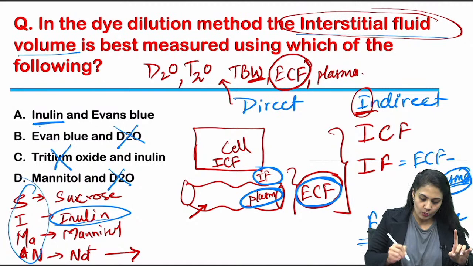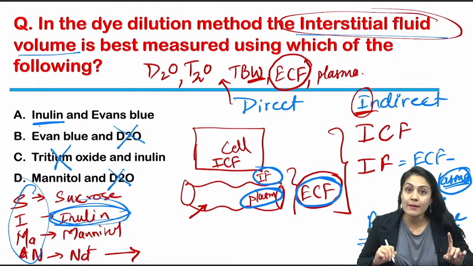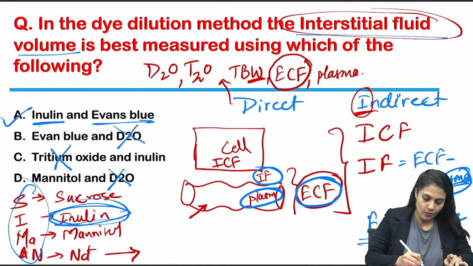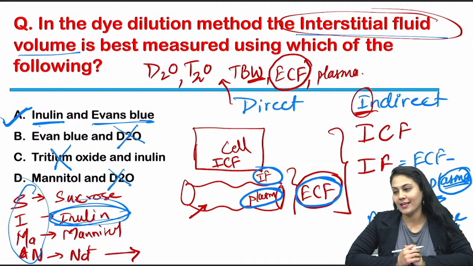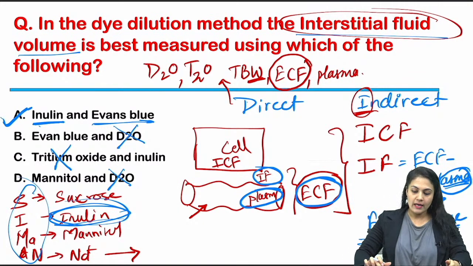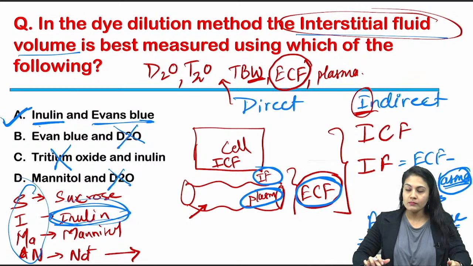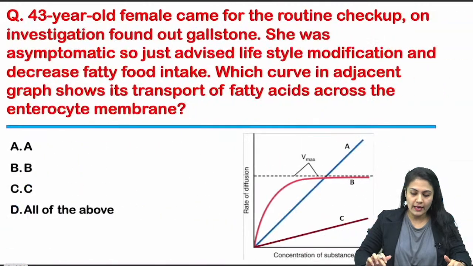We need inulin from SIMON and Evans blue. So the answer over here is option A. Please remember it is the interstitial fluid, guys, not intracellular fluid. Dipanshu, right, absolutely correct. Let's move on.